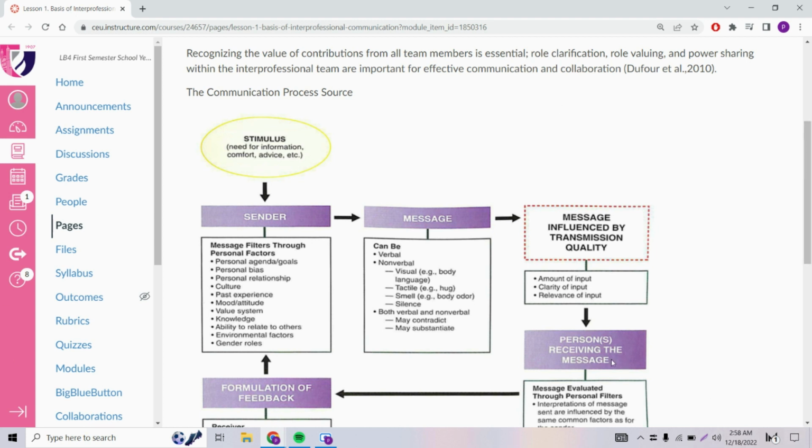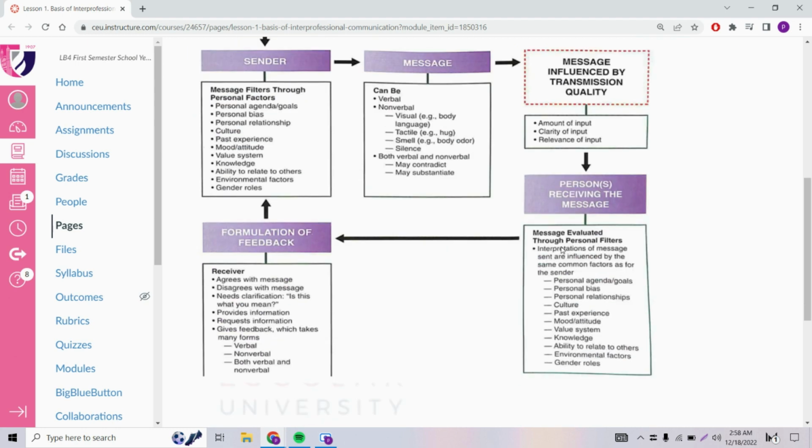Now, as medtechs or the person receiving the message, you need to evaluate certain filters. What are the personal agenda, goals, bias, culture, similar with the sender also, class. So you need to try to analyze well the message, and then after that you're going to formulate a feedback.